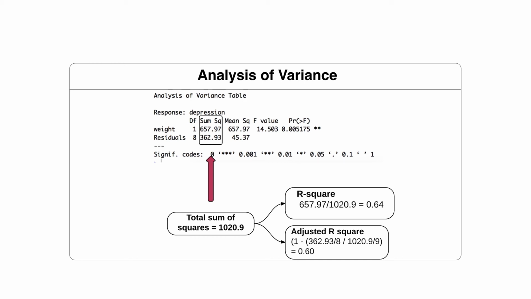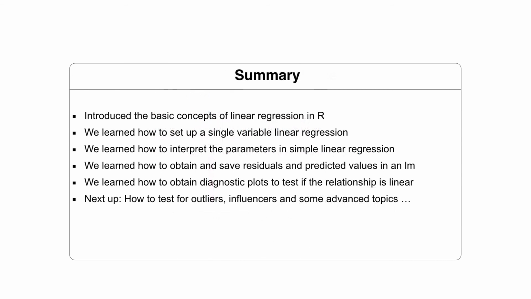So we stop here, and before we get into the next phase, which is part 2 of the regression model, let me repeat and summarize what we have learned. We have covered some very basic notions of conducting linear regression of two variables in R. We have seen you can set up a single variable linear regression, which basically means that we have one outcome variable and one explanatory variable here.